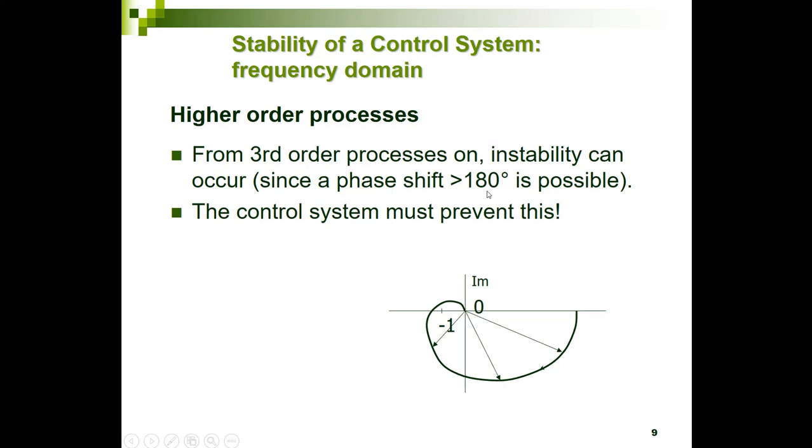And when it is, you should design your controller in a way that the maximum amplitude at that omega value where the phase is minus 180 degrees is never larger than 1. You can do that, for instance, by decreasing your proportional gain, or you can add a D action to your controller because that gives an extra phase shift of plus 90 degrees.